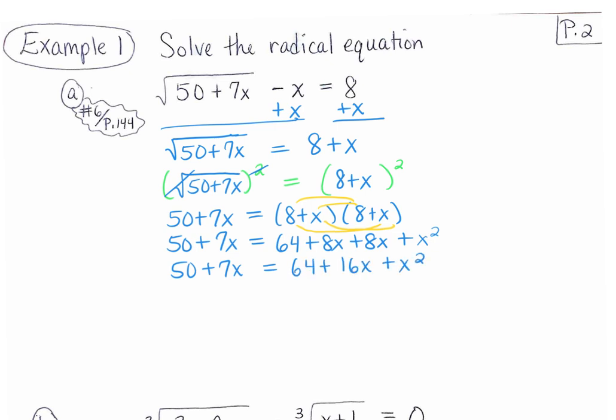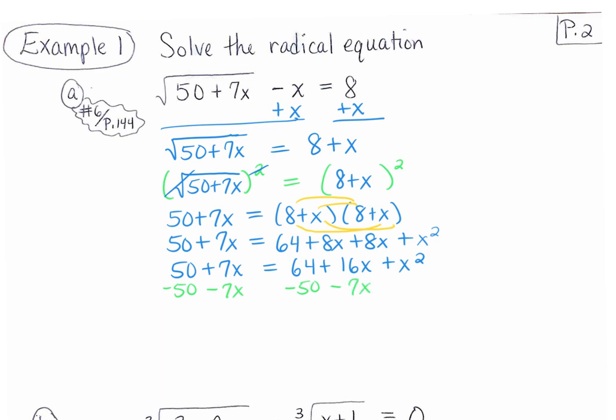We want to combine like terms. I'm going to move everything from the left to the right to keep x squared positive. So I'm going to subtract 50 and subtract 7x from both sides. You with me?